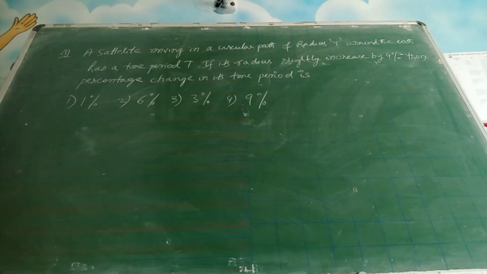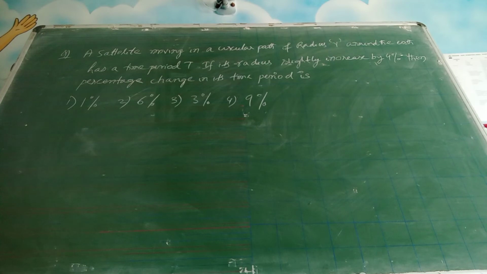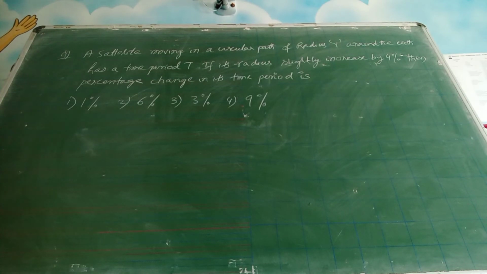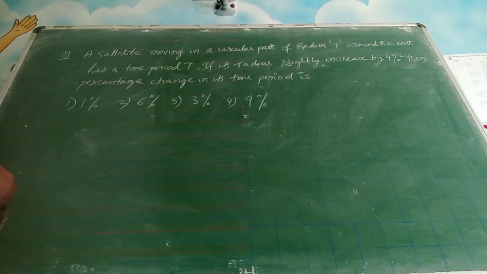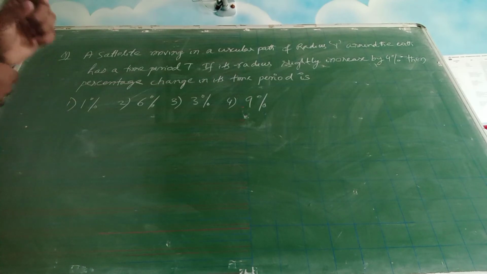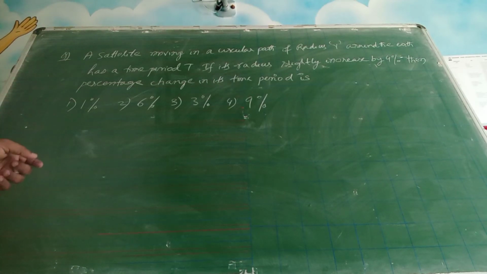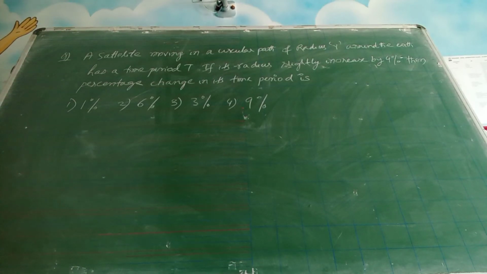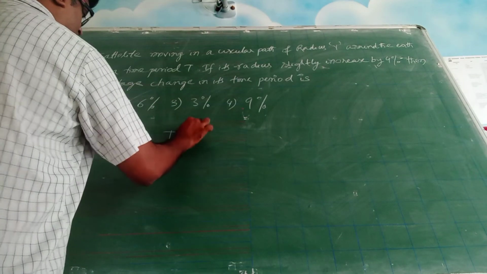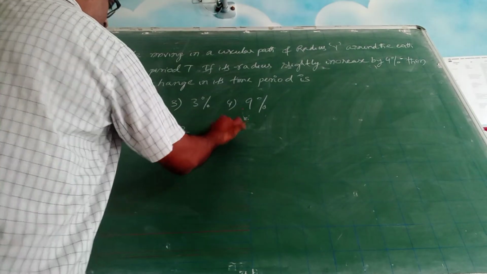Option 2. A satellite moving in a circular path of radius r around the Earth has a time period T. If its radius slightly increases by 4%, then the percentage change in its time period is? So it's talking about time, radius, etc. Kepler's third law: T square is proportional to r cube.